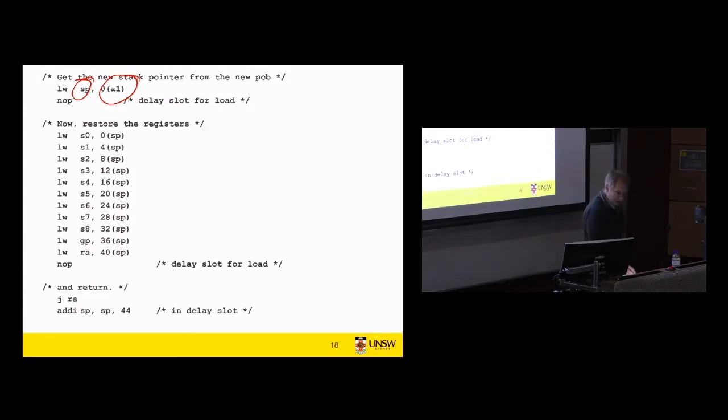And now when we unwind and load those registers up off the stack, we're loading them up for the coroutine that we've switched to, because we're running on their stack now, not the stuff that we've just saved. Okay? So switching the stack pointer actually did the switch.